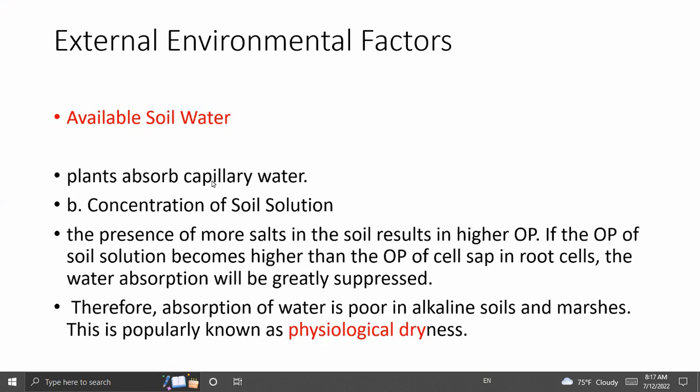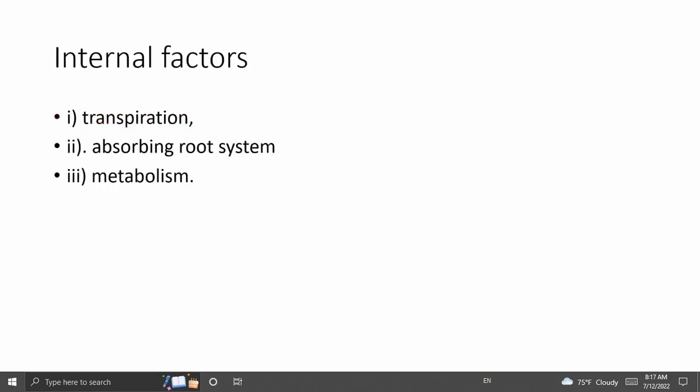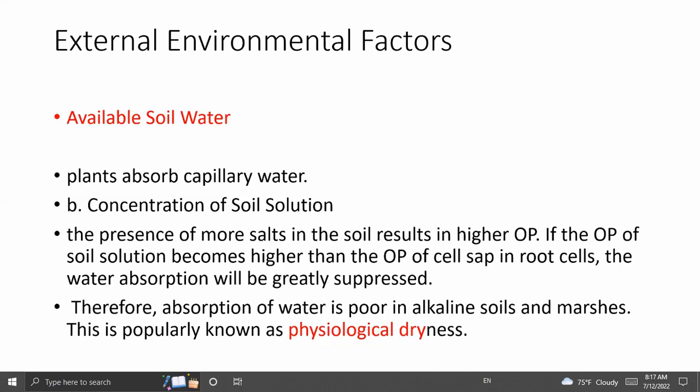Okay, now the second one: concentration of the soil solution. In general, if the concentration of the soil solution is high, the osmotic potential is low outside, so water tries to get outside and not inside. Therefore, if the concentration of the soil solution is high, is water absorption low or high? Tell me.